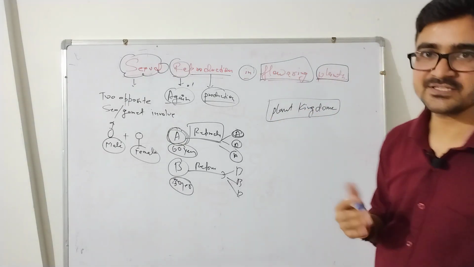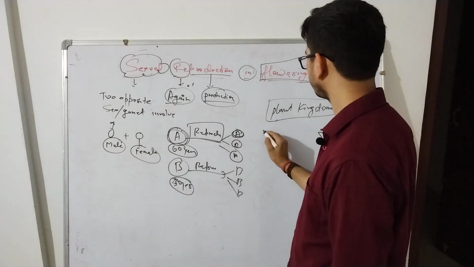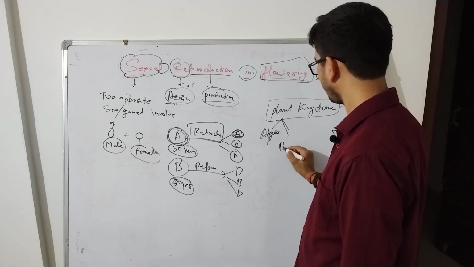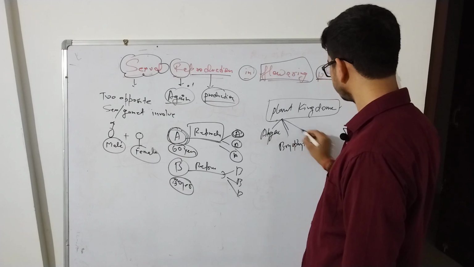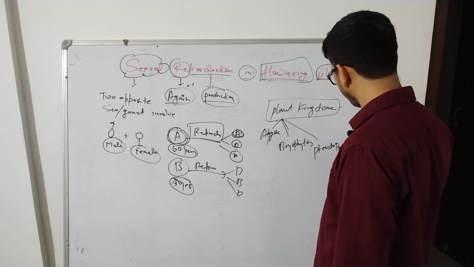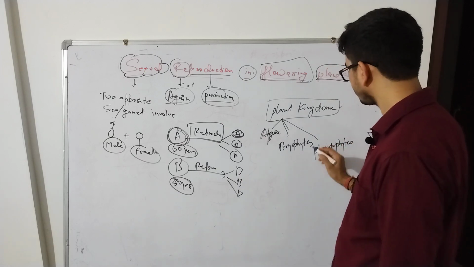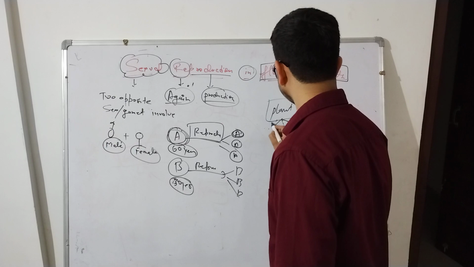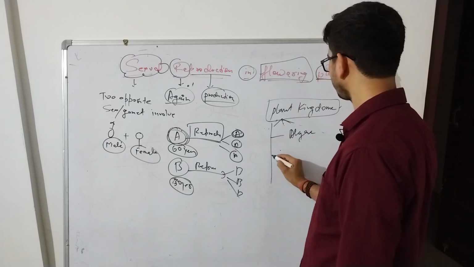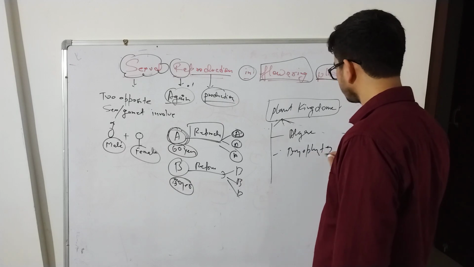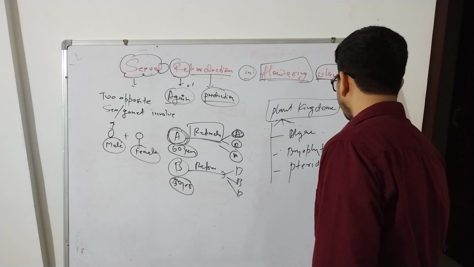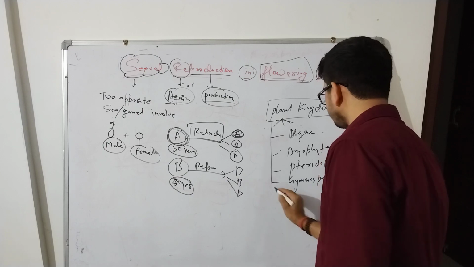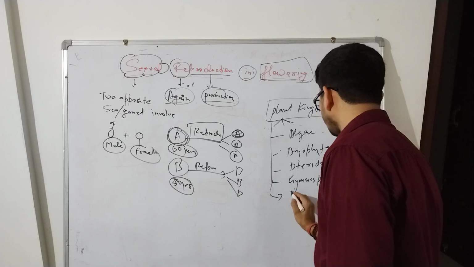The plant kingdom has classification: algae, bryophytes, pteridophytes, gymnosperm, and the last one is angiosperm.